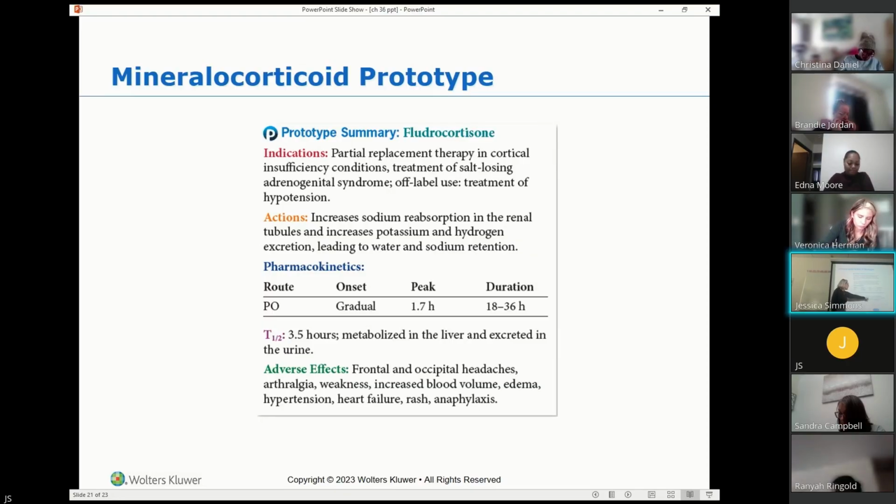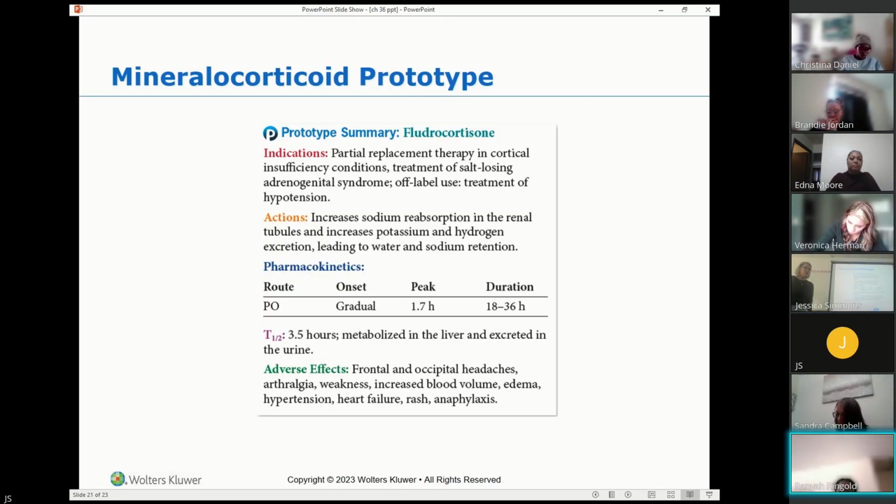Increased blood volume, edema, heart failure, hypertension. What does that all have to do with? The reabsorption of all the fluid, which also comes with the sodium.